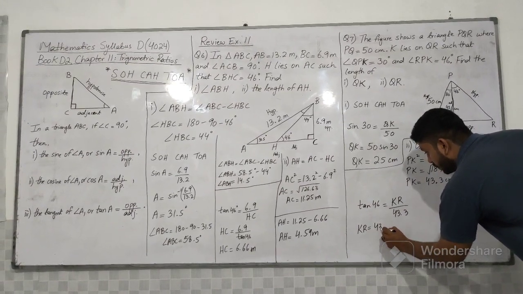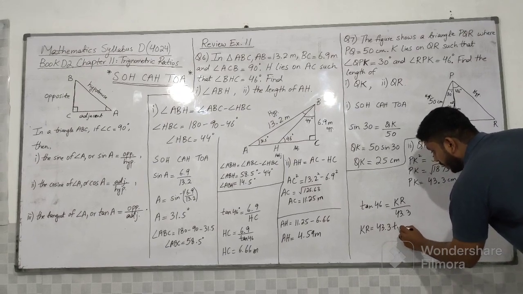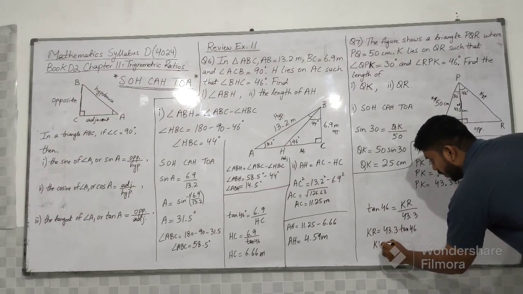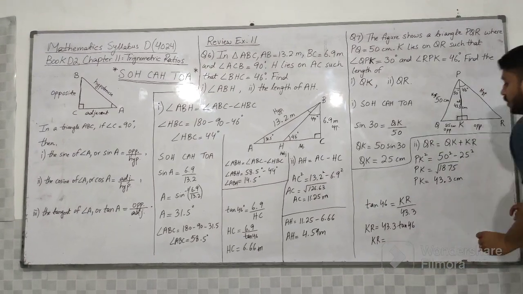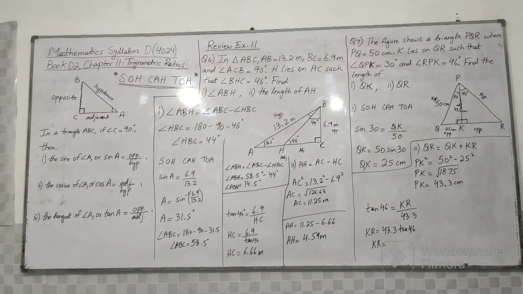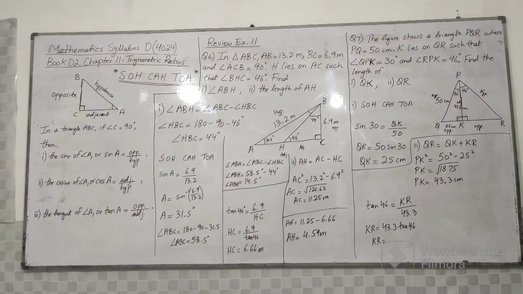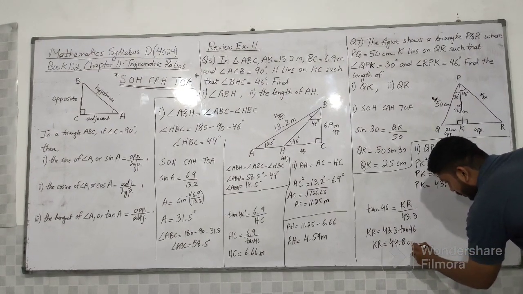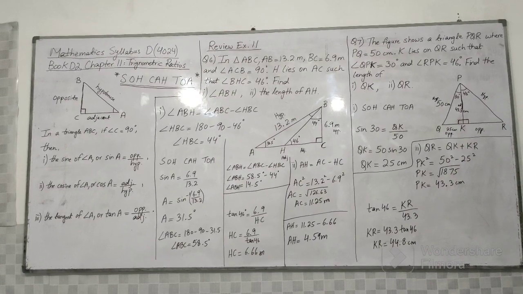So KR equals 43.3 tan 46. If you put this into the calculator, you will get 44.8 centimeter.